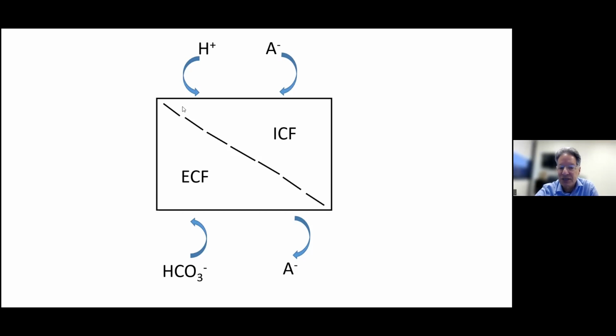Patients with ESRD or CKD who get the exact same proton load as you and me are going to have a worse metabolic acidosis, not because the proton load's any different, but because they differ from you and me in their ability to compensate by generating additional new bicarbonate from glutamine.